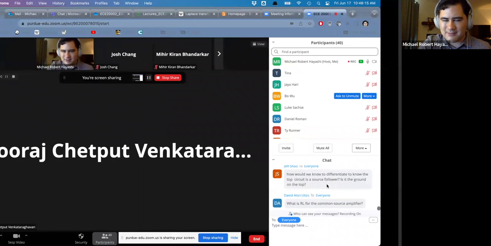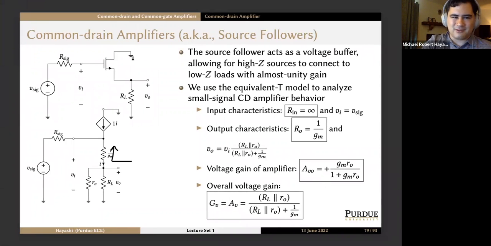The drain is connected to ground, which is common, so it's a common drain amplifier. But remember, I like to say the input goes in between gate and ground, and the output is between the source and ground. The other two terminals are the input and output; the one that isn't mentioned in the name of the configuration is the common one.